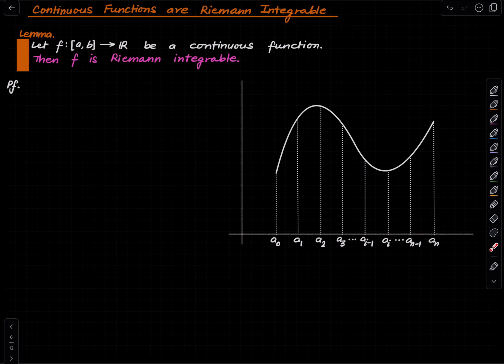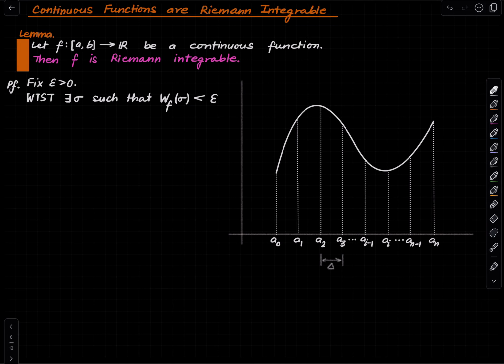Okay. So we will use the criterion for integrability: fix an epsilon greater than 0. By the criterion for Riemann integrability, we want to show that there exists a subdivision sigma of the closed interval [a, b] such that the oscillation corresponding to sigma is less than epsilon.